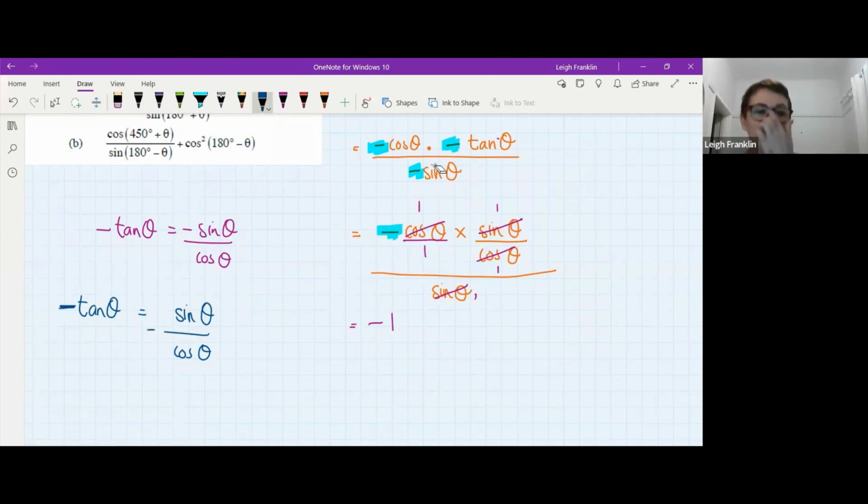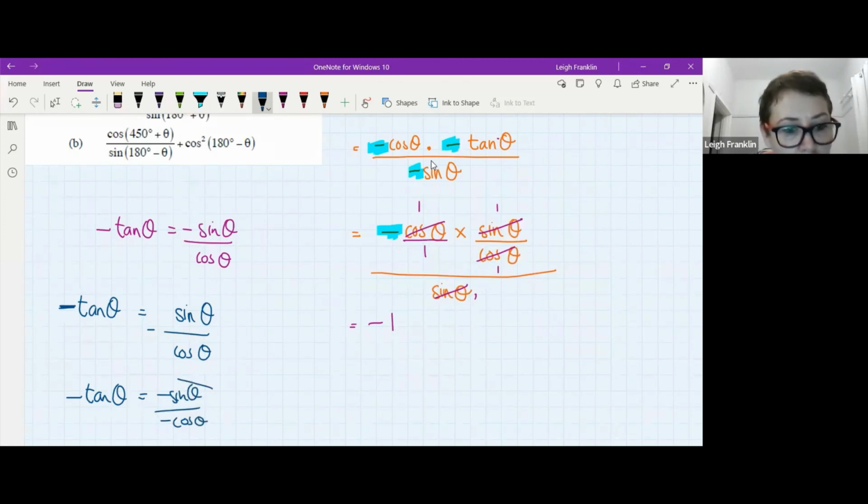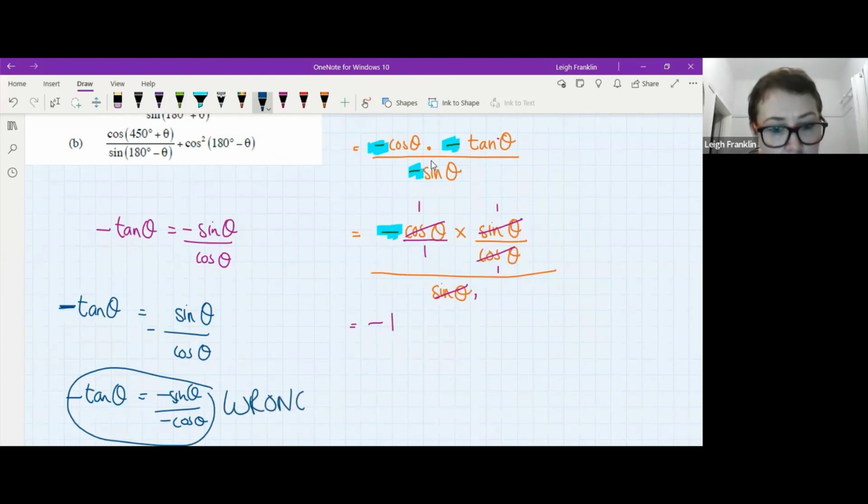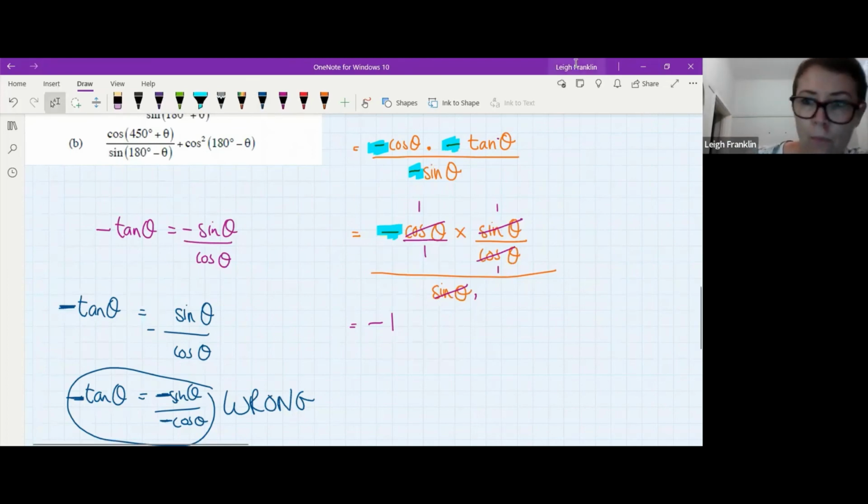Okay, but what you mustn't do, well, this is wrong: tan theta is equal to minus sine theta over minus cos theta. This is wrong, because a negative divided by a negative is not a negative. So either the minus belongs to the top or to the bottom, but not to both at the same time. Okay, Inam?